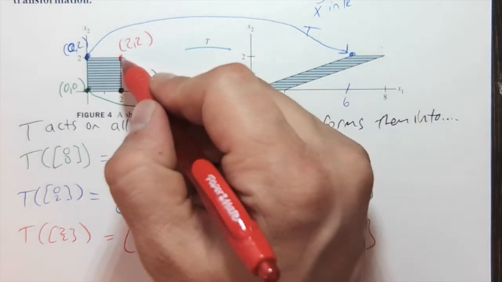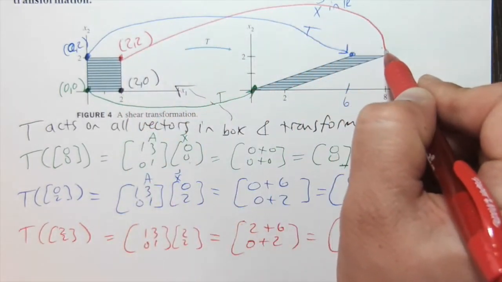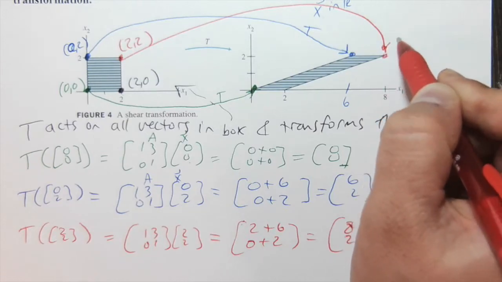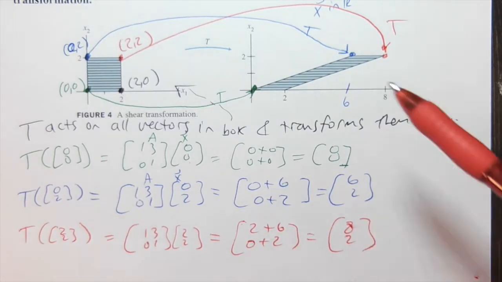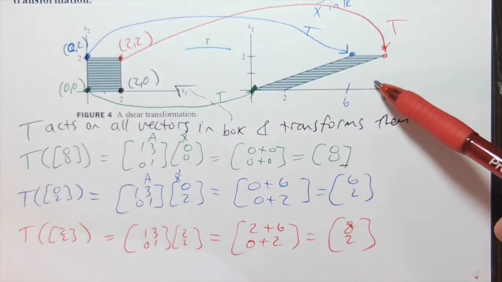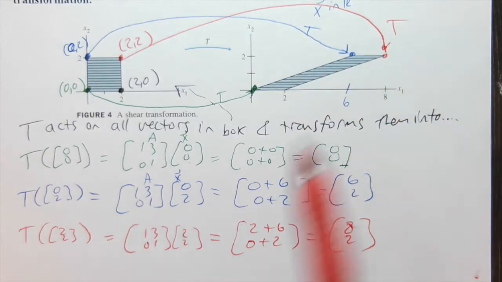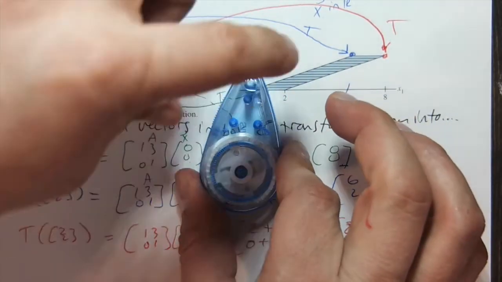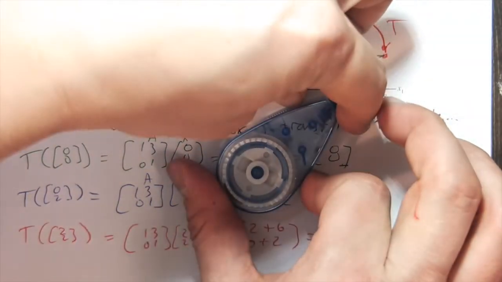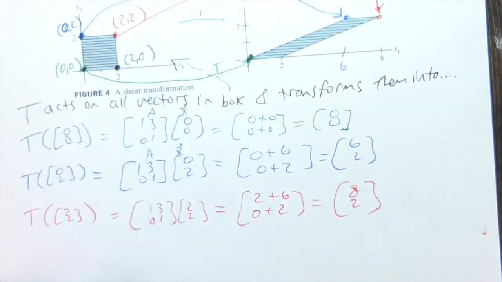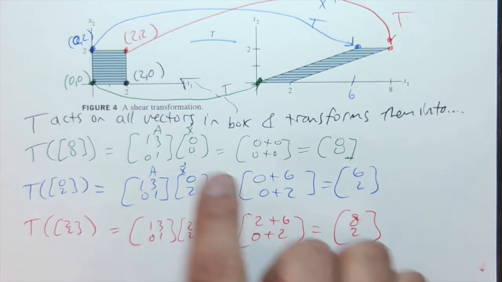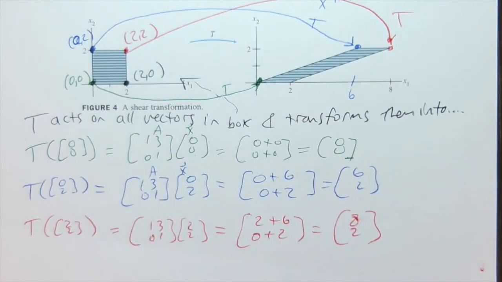Same kind of thing. This corner got acted on, went right over here. Notice how the second dimension on these ones aren't changing, right? So the height's not changing on here. It's just that the x value gets shifted over. Again, if you grab the top and you shifted it over, you're not making it taller, you're just shifting the x value, which is exactly what's going on in these things.